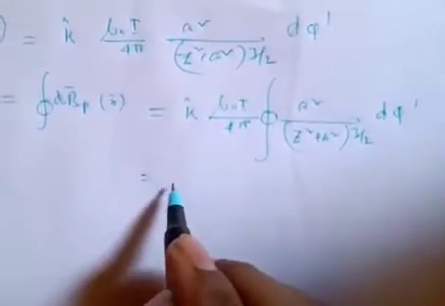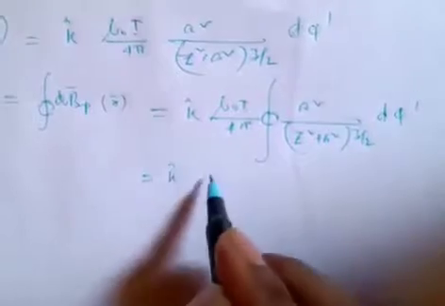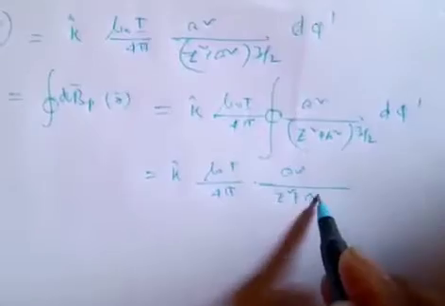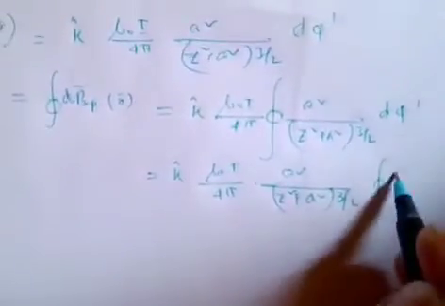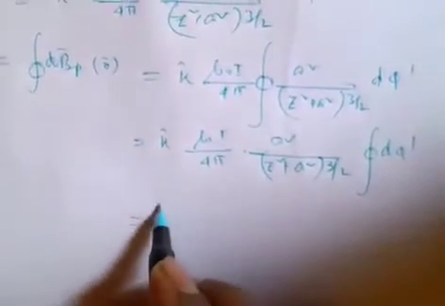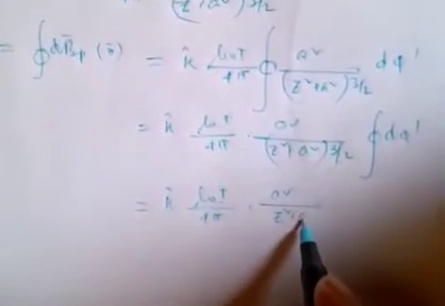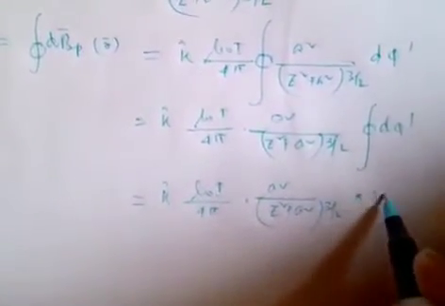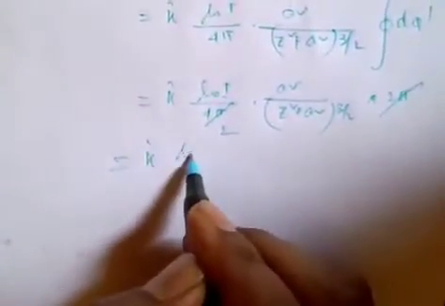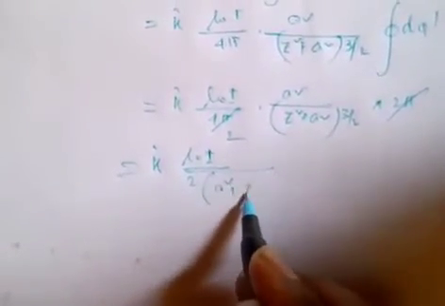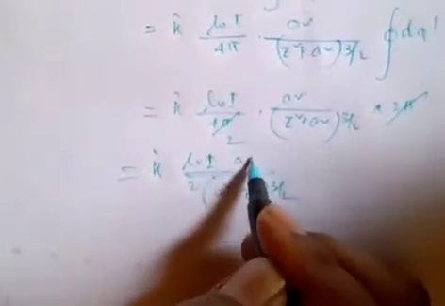So we have to integrate only phi prime. Okay, this overall integration of d phi prime gives you 2 pi. Put 2 pi. Cancel from both sides. Finally, it will be k cap mu naught I by 2 a square by z square plus a square whole to the 3 by 2.